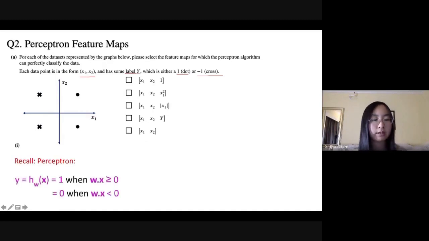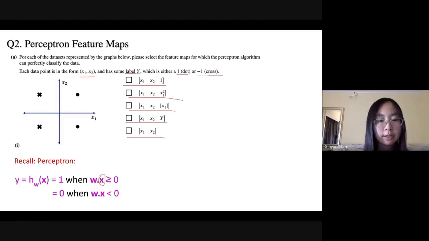So again, let's review the concept first. For perceptron, basically we are going to learn a linear model taking the value of x. Here, x simply means the set of features listed here. Then we will learn a weight for each of these x.